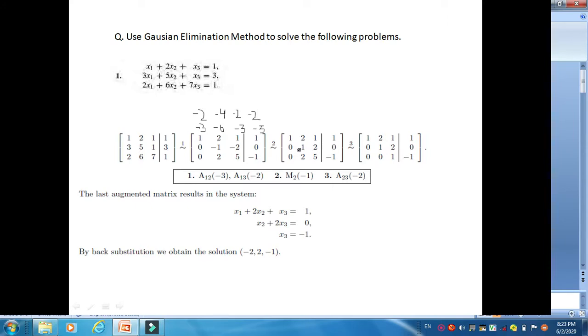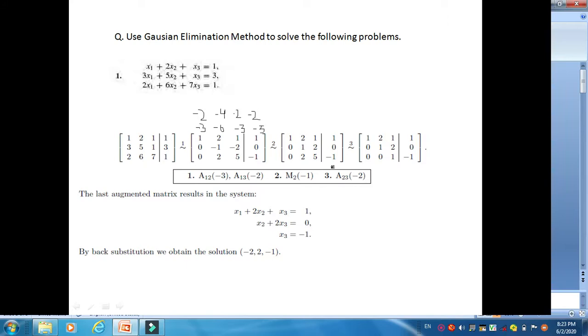So why are we doing so? We want to find a key element in the second row, second column position. By using that leading one, we want to convert all other elements below to 0. In order to convert all elements to 0, we have to apply addition operation.